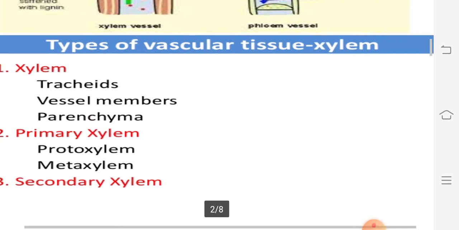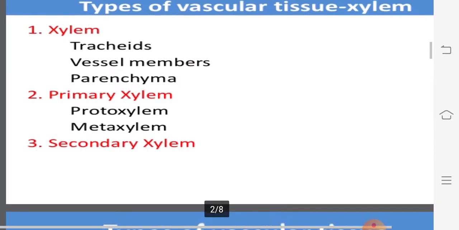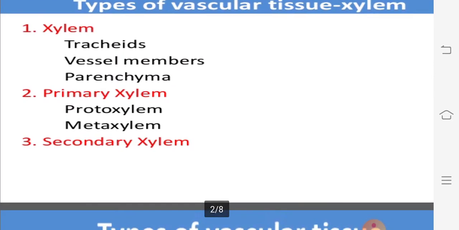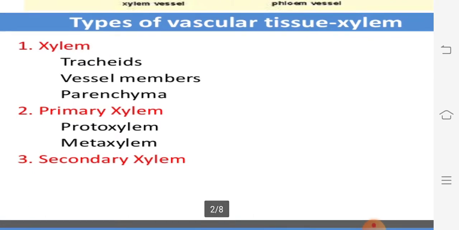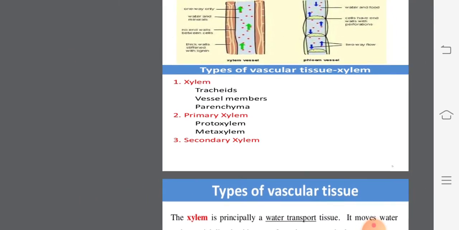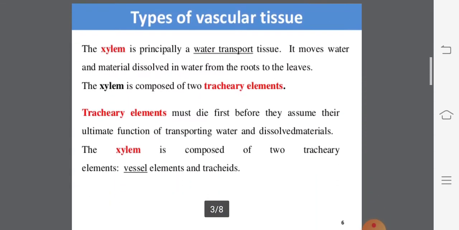Then the types of vascular tissues. Xylem has tracheids, vessels and xylem parenchyma. Primary xylem shows the protoxylem and the metaxylem, and secondary xylem generally shows the tracheids and the vessels with medullary rays in between them. The xylem is principally a water transport tissue; it moves water and materials dissolved in the water from the roots to the leaves.